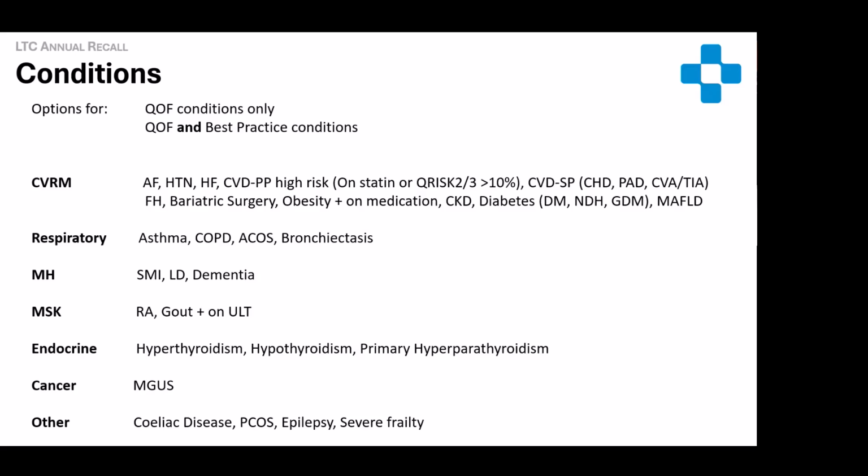You've got respiratory conditions, mental health, musculoskeletal and so on. This means you can take an approach that works for both your contractual requirements and any local priorities that you might have. If you're just starting out, it's worth thinking about this process and which solution would fit you best for your population and the available capacity you've got before deciding on your switchover date.